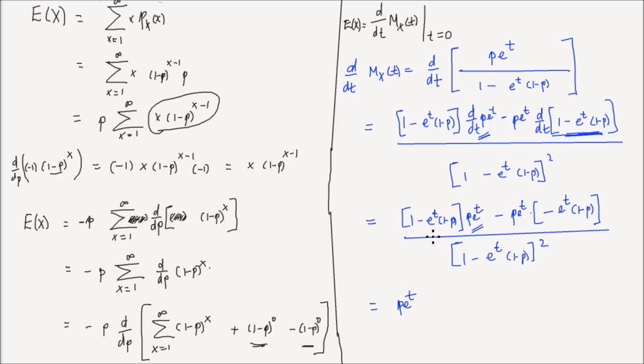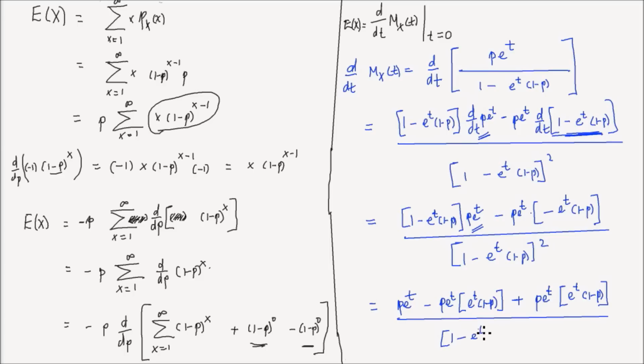Multiply this by that expression, you get minus p times e to the t times e to the t times 1 minus p. Minus, minus, that would be plus p times e to the t times e to the t times 1 minus p, divided by 1 minus e to the t times 1 minus p squared.